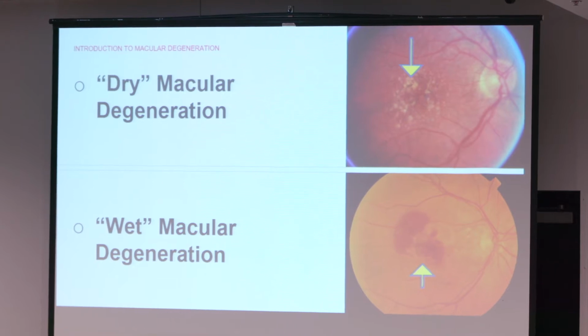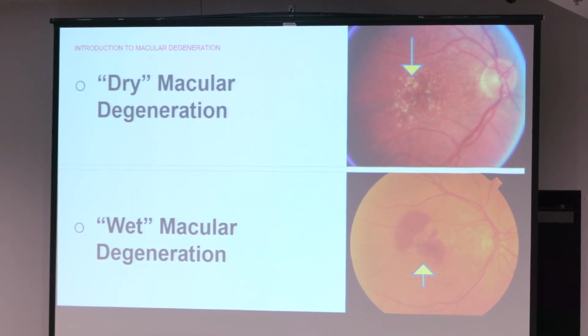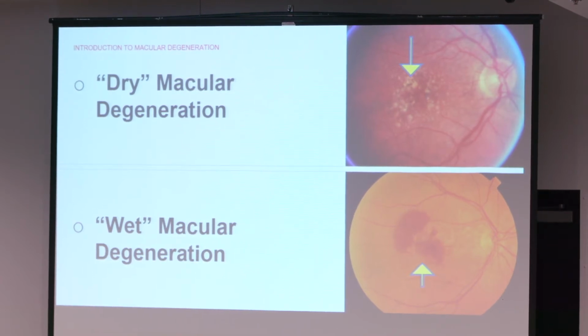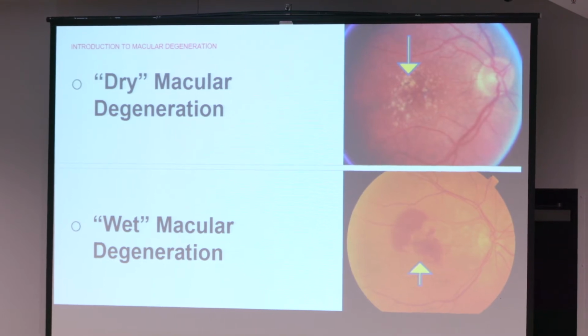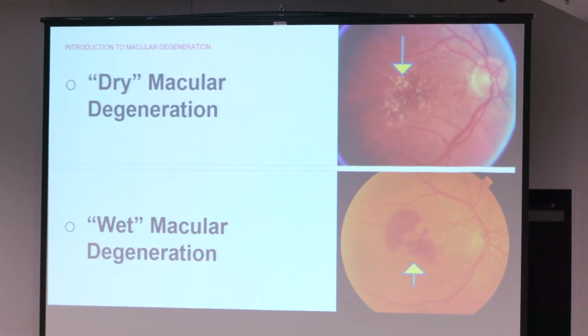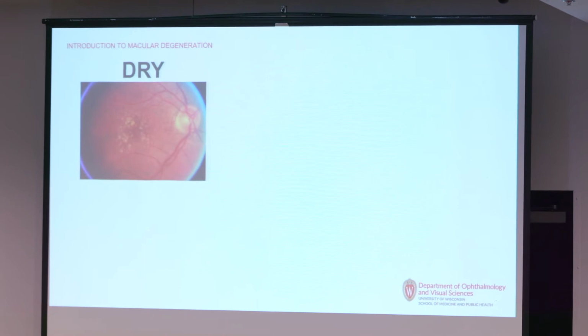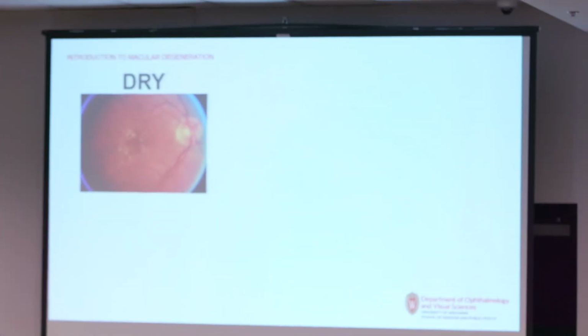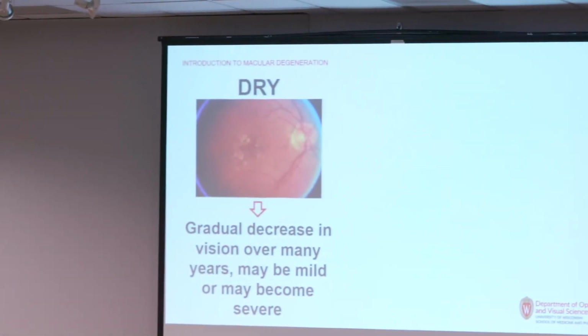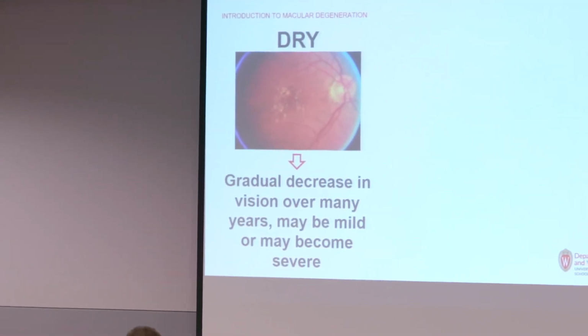The wet form means now there's blood. So the blood or fluid from our blood, the serum from our blood, is also present. And that's typically the more severe form when people definitely have a change in their vision. So dry macular degeneration, again, no blood, no fluid, just these drusen spots or pigment, can cause a gradual change in vision over time.